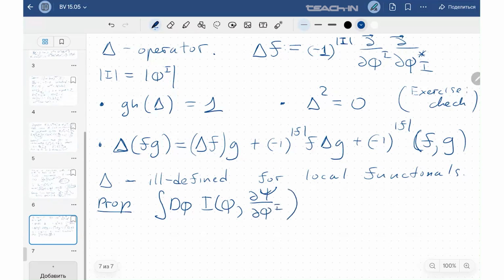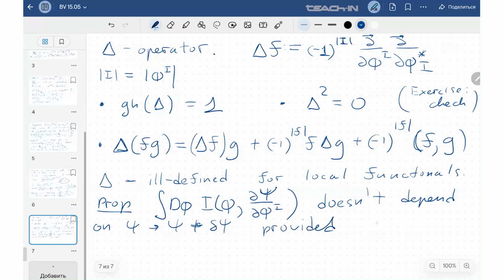This integral doesn't depend on small variations of psi, provided the function satisfies this equation.